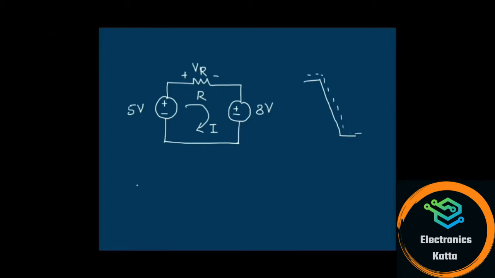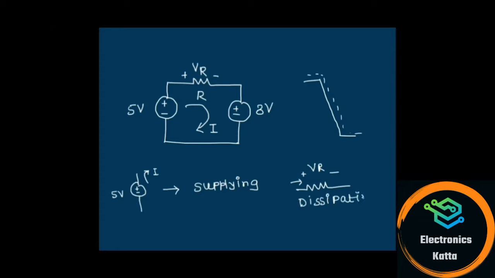Now let's apply the sign convention across all elements. Across the 5 volt source, the current is flowing out of the positive terminal. That means this source is supplying power. Now let's see the resistor. The current is entering the positive terminal of the resistor, so power is dissipated across this resistor.